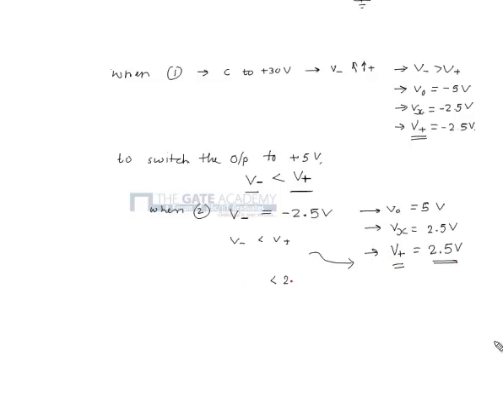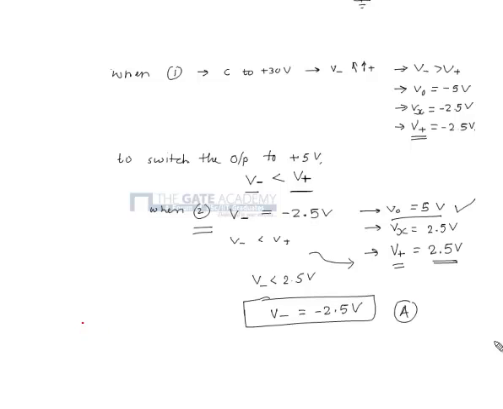So it will be well below 2.5 volt to ensure that V output will remain at 5 volt. Hence when we move to position 2 and output is 5 volt, V negative is minus 2.5 volt. So the answer for question number 52 is A.